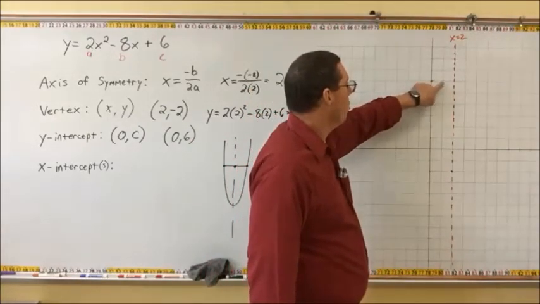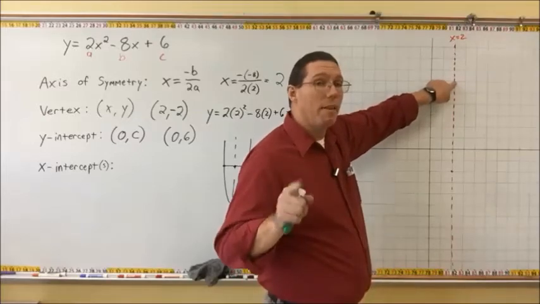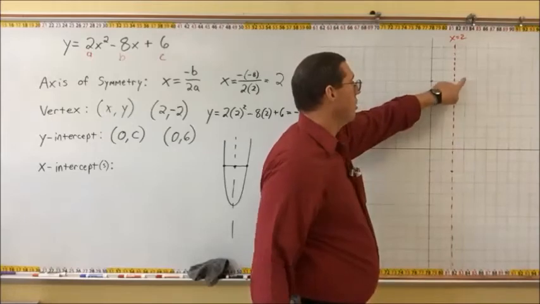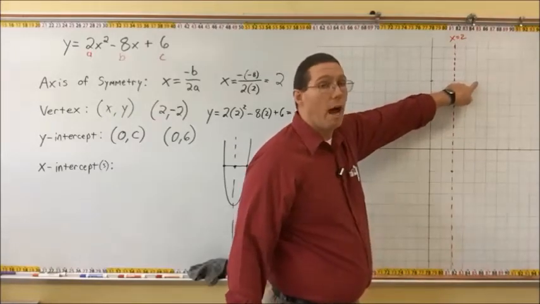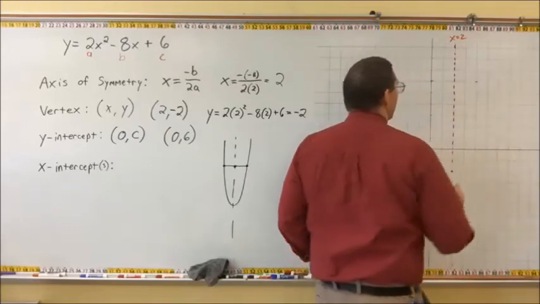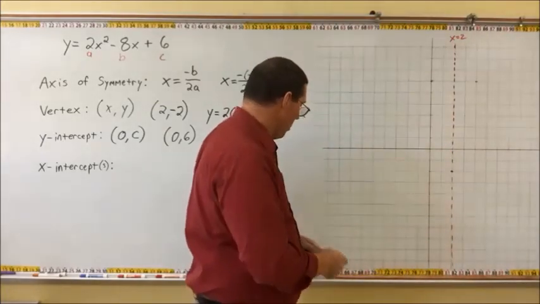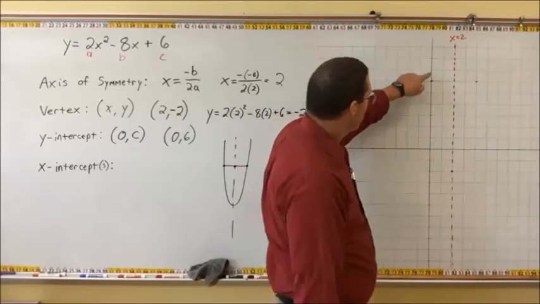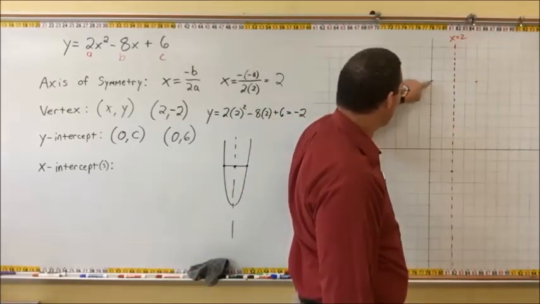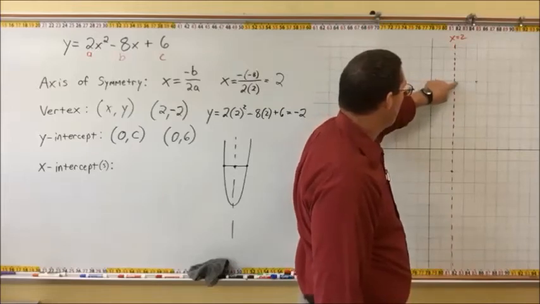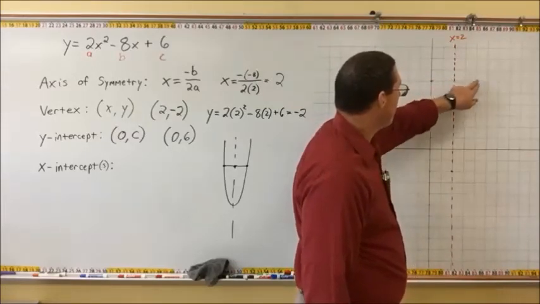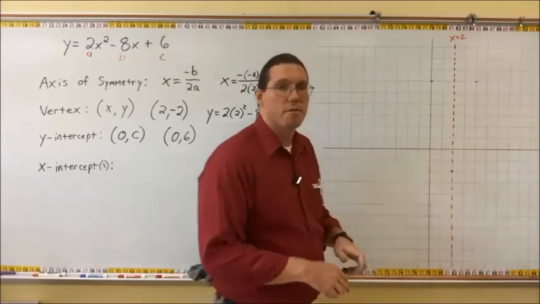So from here it's 1, 2, and then count that same distance on the other side of the axis of symmetry. 1, 2, and put another dot, because the parabola is going to go through that point also. The parabola is symmetrical, so if it goes through the point 0, 6, then it's going to go through the point at a height of 6 as a mirror image on the other side of the axis of symmetry.